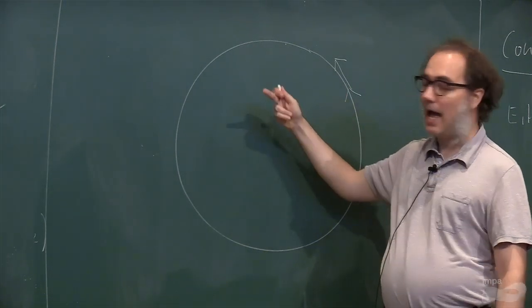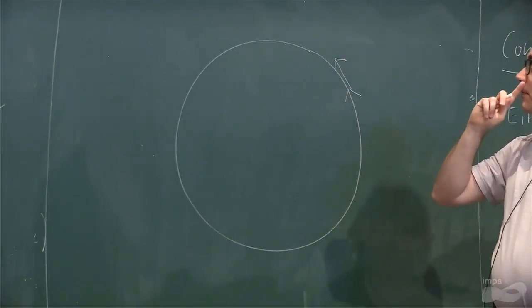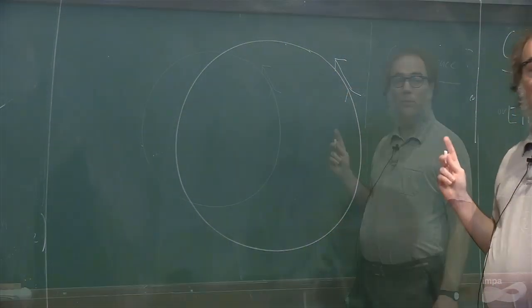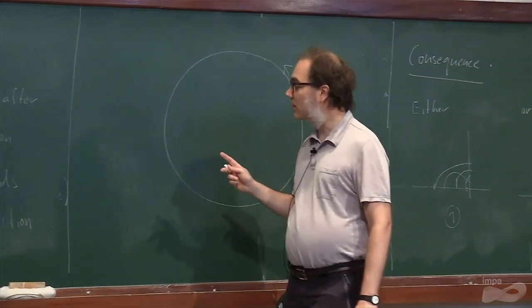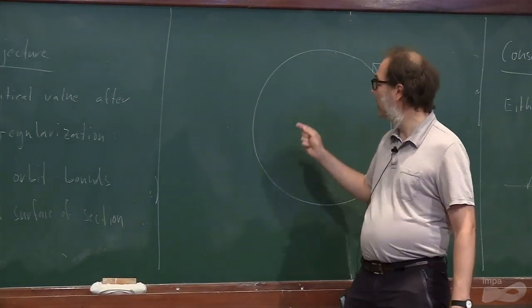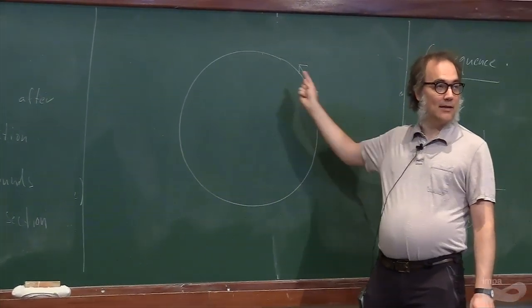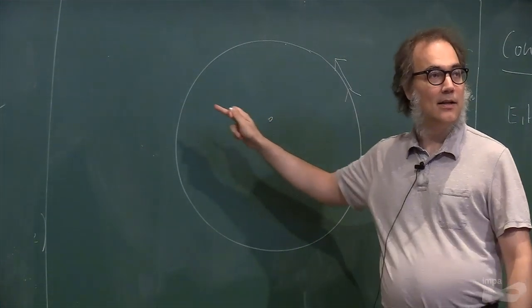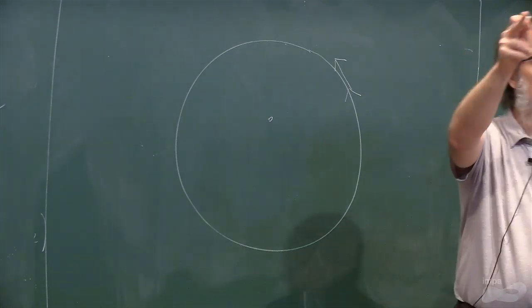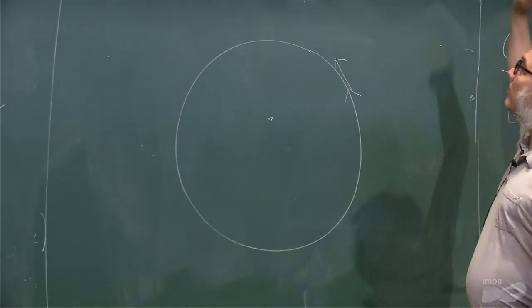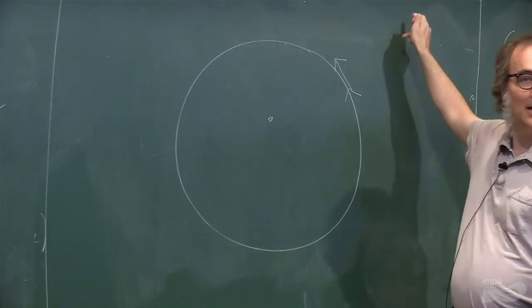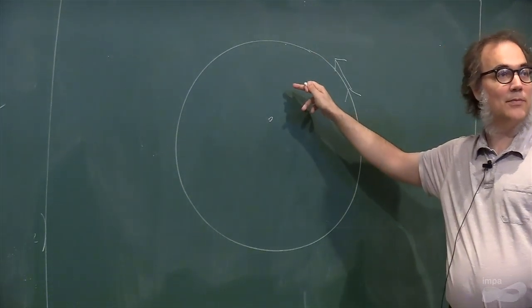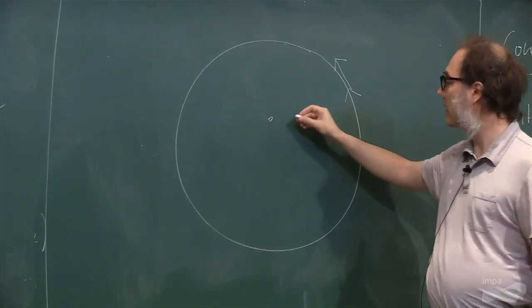So we go out, but then the global property of this surface, that's what makes it global, is that we will come back. We start with a point here. We go somewhere in this room, maybe we go behind this blackboard, but after some time we will come back.